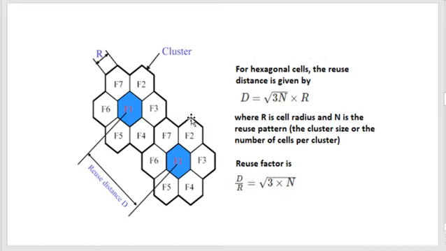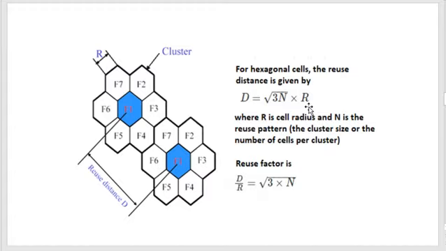N is the reuse pattern, the cluster size or the number of cells per cluster. So you have to calculate this.